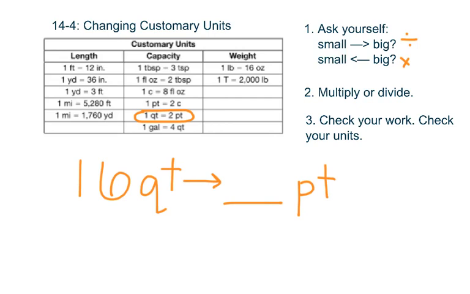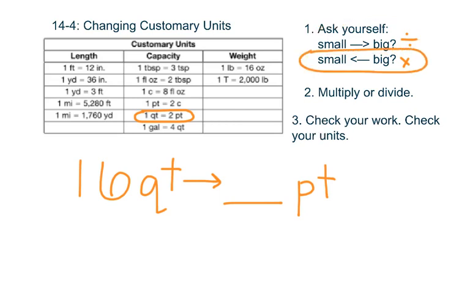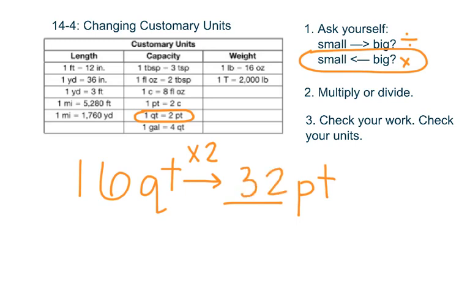Quarts are larger than pints, so I'm going from a big unit to a small unit, which means I am going to actually need to multiply. If I have 16 quarts and there are 2 pints in 1 quart, 16 times 2 is 32. So 16 quarts is the same as 32 pints.